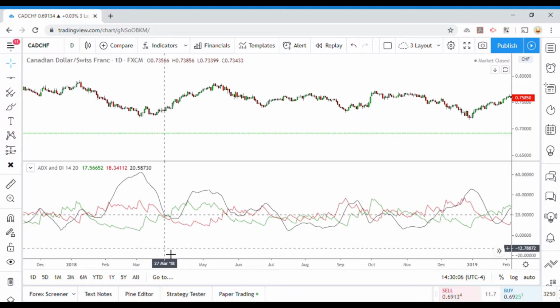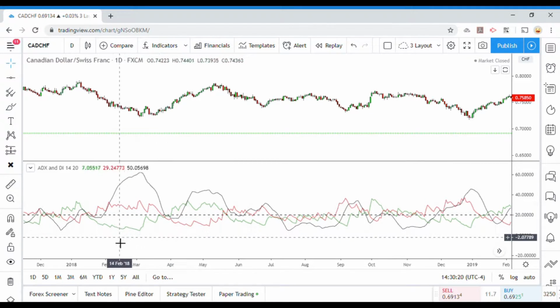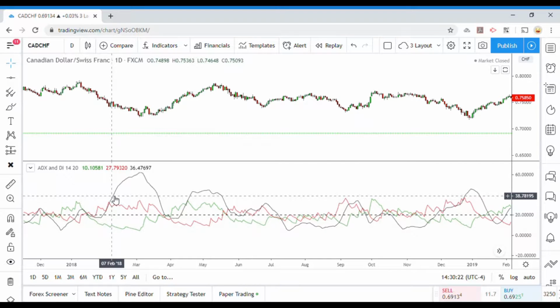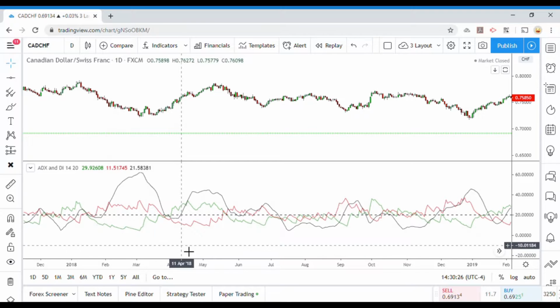We have a few things going on here, and I won't go into too much detail because, again, if you want to know the ins and outs of the ADX, just look it up and you can read until your heart is content. But we basically have a plus line and a minus line indicated by the red and the green lines here, and then we have the signal line in black here.